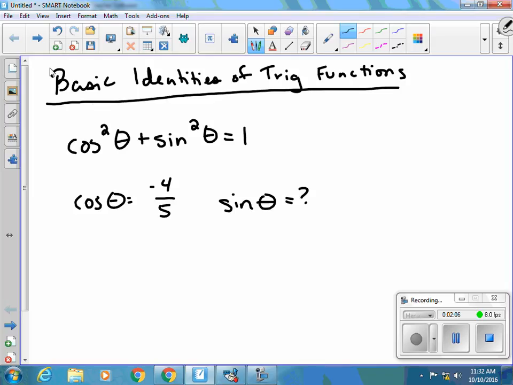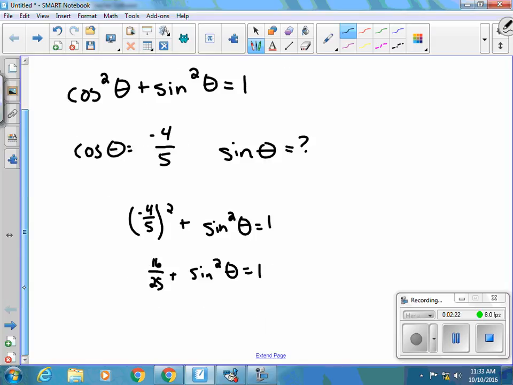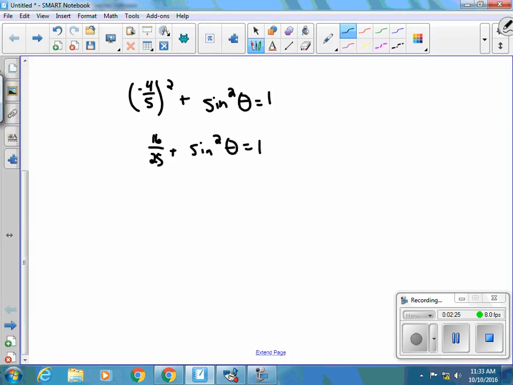So I'd have -4/5 squared plus our sine value squared equals 1. Well, I've got 16/25 plus sine squared equals 1. So it's basically my Pythagorean identity. It's just I have a sine and a cosine there, and it really didn't affect anything.